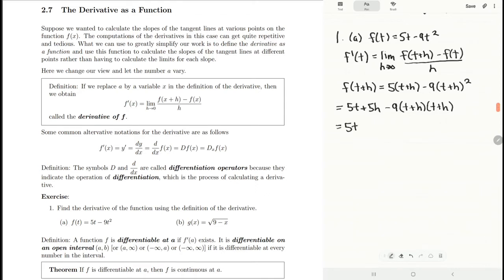So this is 5t plus 5h minus 9 times t squared plus 2th plus h squared. So now if we distribute the -9 through the brackets, we get 5t plus 5h minus 9t squared minus 18th minus 9h squared.